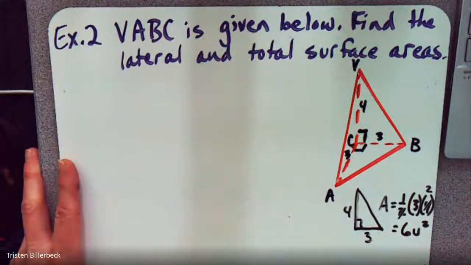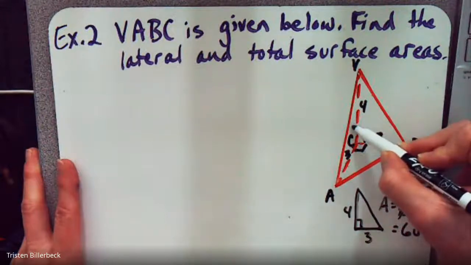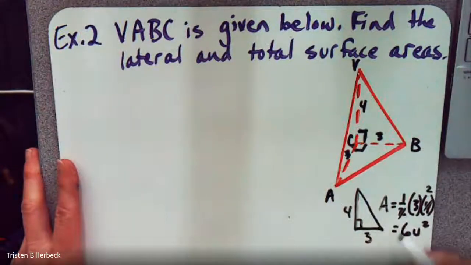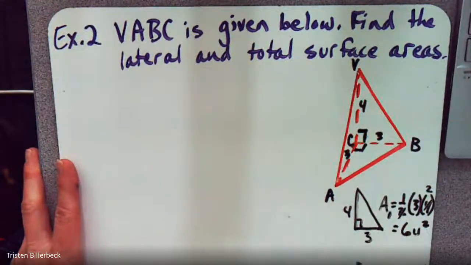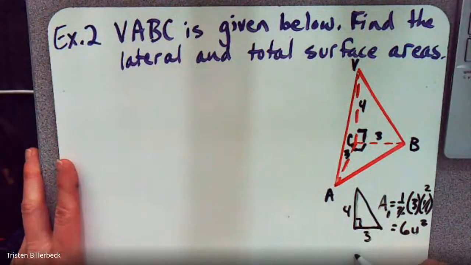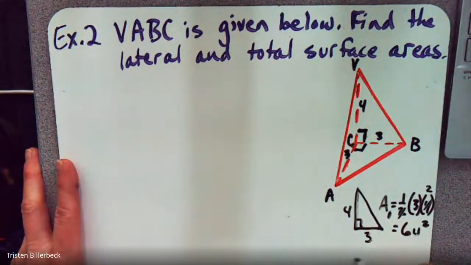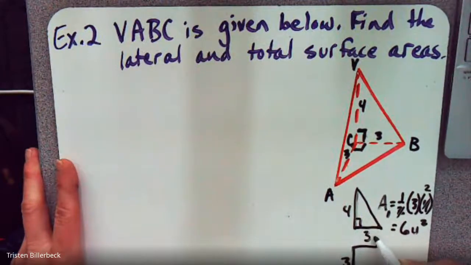So I have 2 of those, 1 and 2 right here. This one here, we'll call this area 3, down here. So area 3 looks like this, where we have 3 and 3, and it's at a right angle.